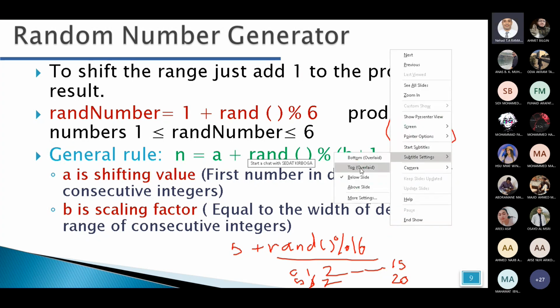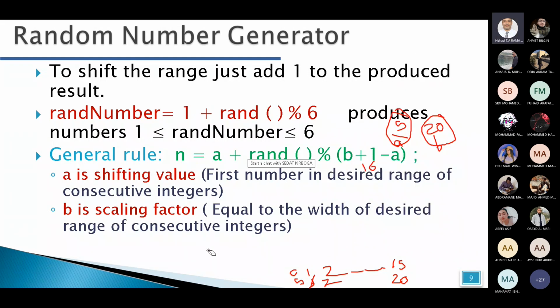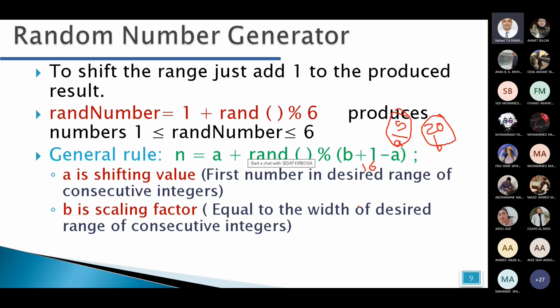So if we need to get a random value between 4 and, let's say, 14, I need from you to write the rule.